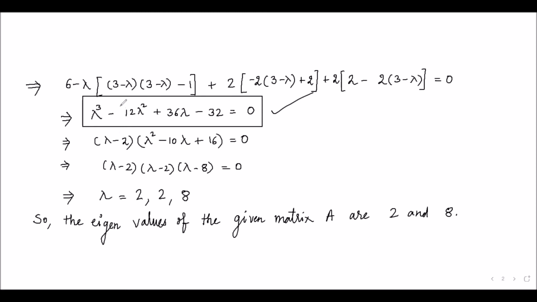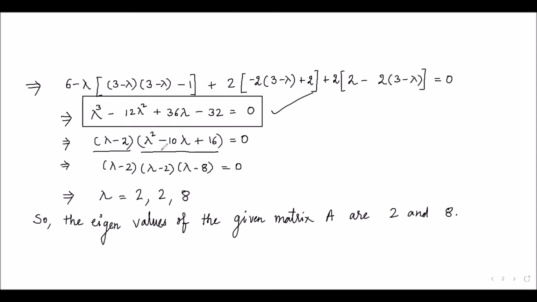By factorizing it, we can find its 3 roots. By hit and trial, we can check that if we put lambda as 2, then this characteristic equation will be satisfied. It means that lambda minus 2 is one of its factors, and this is the quadratic factor.